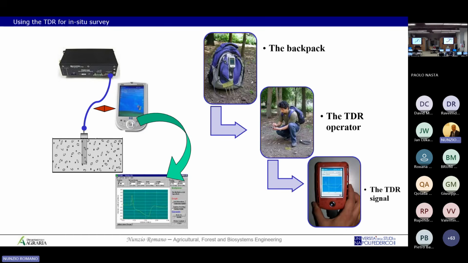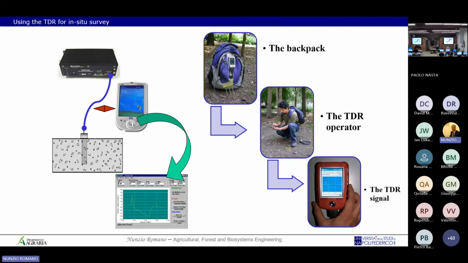And this is what we did in our lab. We put everything in a backpack. Then there is the TDR operator, and he puts the sensor into the soil, and he looks at the waveform, and only if the operator likes the waveform, he stores it.